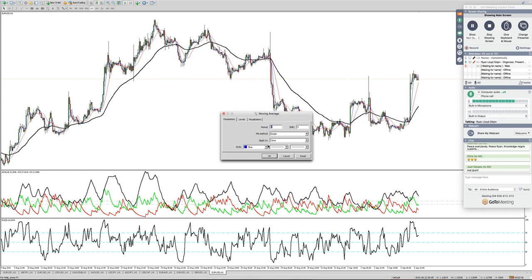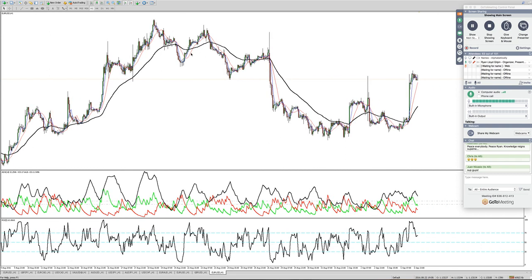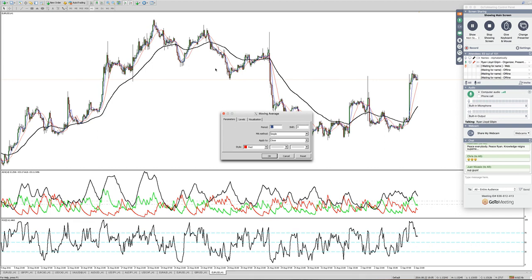A 5 simple blue, and I left the line thickness as 1 and 1. Then a red, it's a 12 simple. And then I did a 50 EMA black, with the second thickness.